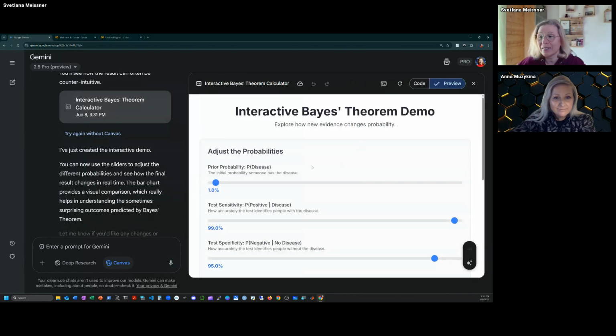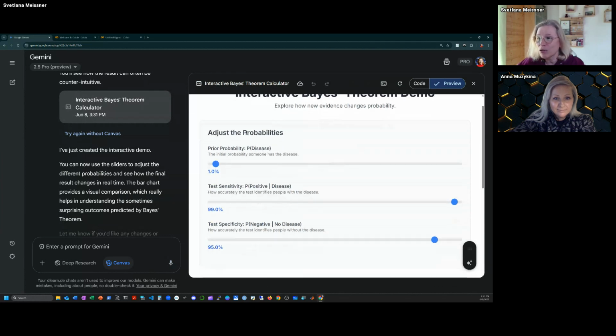So now for this disease, we can adjust the probability, just play with the probability. Then we can play with test sensitivity, again, the probability of positive in case the person has the disease, and also change this probability.